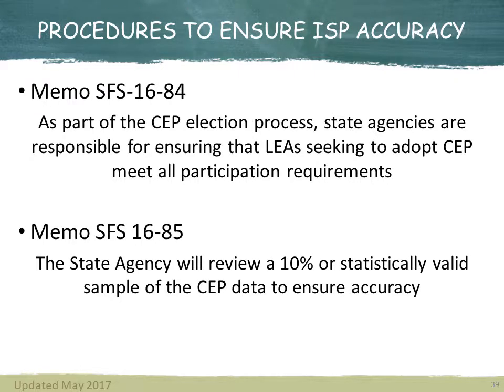Okay. Procedures to ensure ISP accuracy. As part of the CEP election process, state agencies are responsible for ensuring that LEAs seeking to adopt CEP meet all the requirements. The way we handle this is that eScholar does the match for you, so we're able to get a pretty good idea of what your numbers are going to look like.